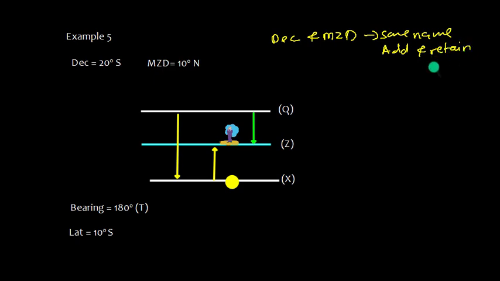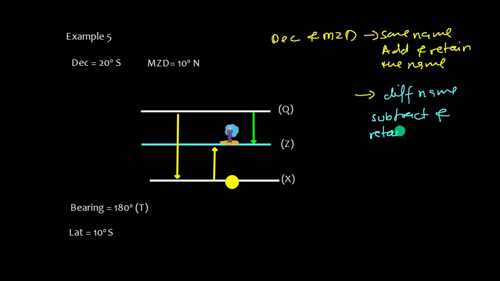And if they are of different names, then subtract and retain the name of the larger one. By this way you can name the latitude.